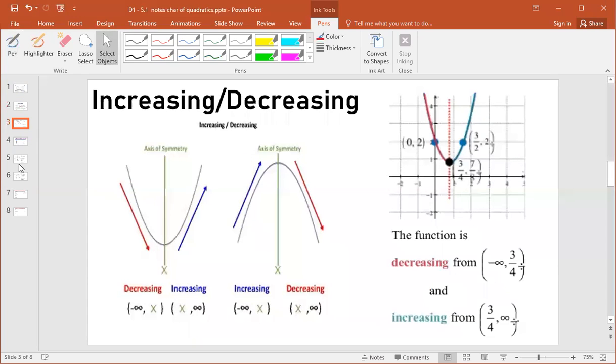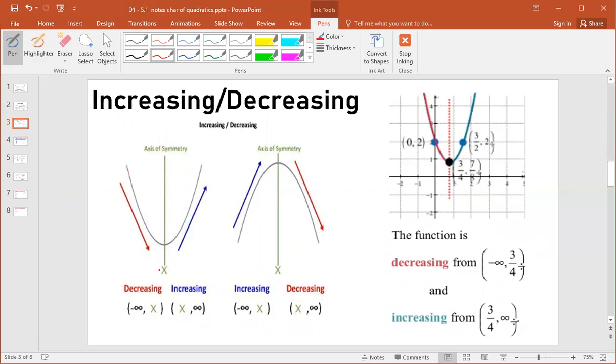Okay, increasing, decreasing, same thing, except that with this increase and decrease, we have to watch what's happening. You always move from left to right. So in this first picture, you first identify the vertex point, or your axis of symmetry that we just talked about.